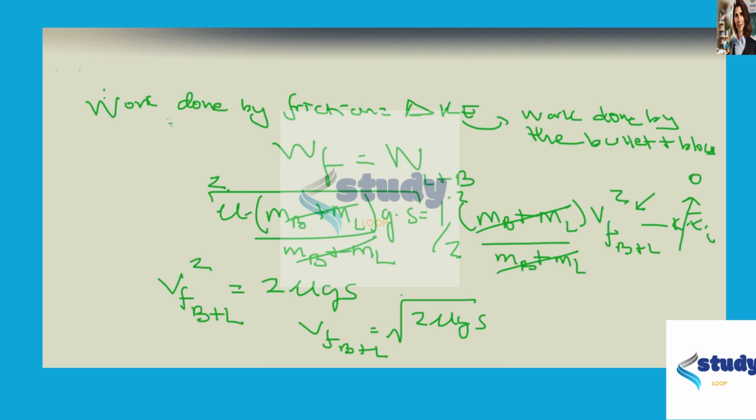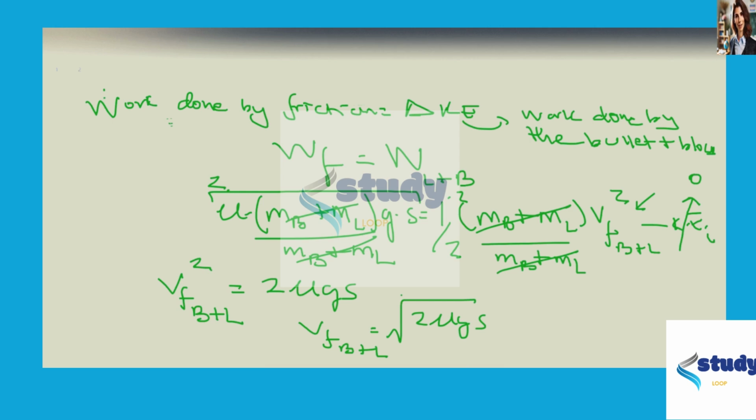The masses disappeared. Okay, the masses disappeared. So we got the square root of 2 times mu times 9.8 times s, which is 0.310, and that should give us, very good, we're on the right track.